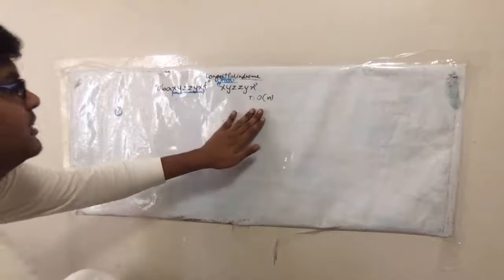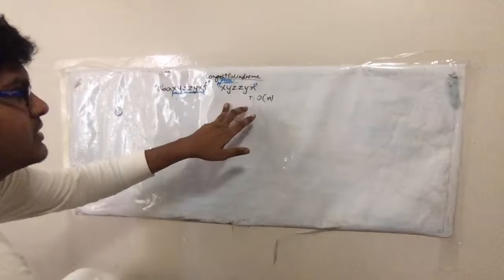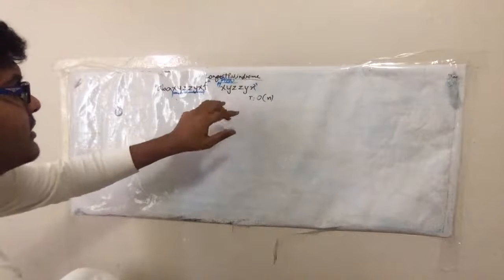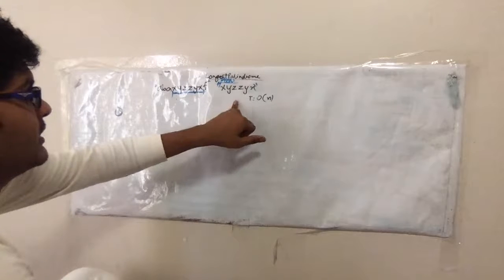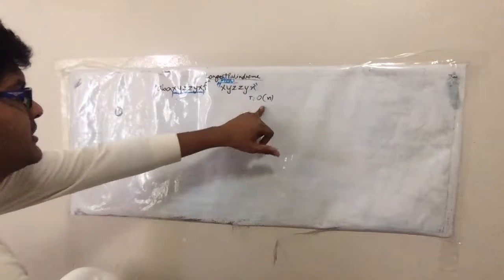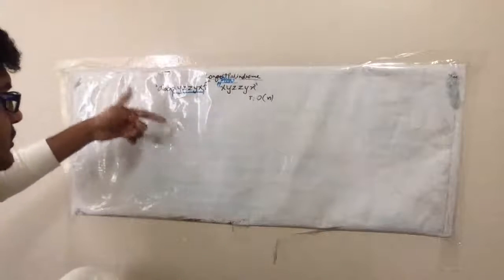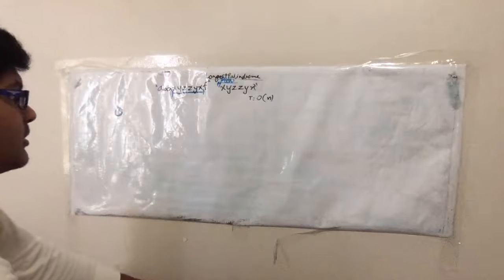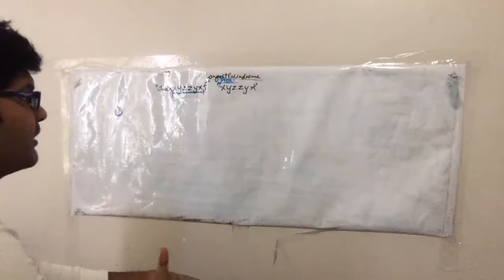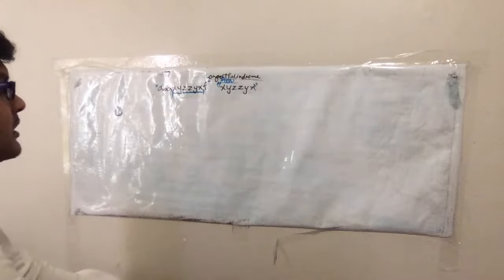Regarding the time complexity, the best way was using pointers, left index and right index, looping n by 2 times, which gave a time complexity of big O of n. So if you iterate twice over this given input string, it would become n cube complexity. So instead of going with n cube, is there any better way of solving this problem?